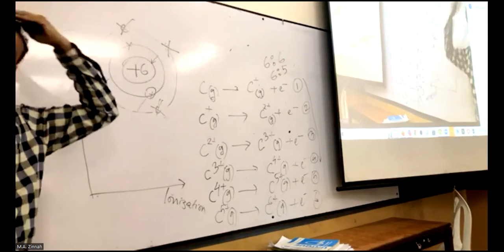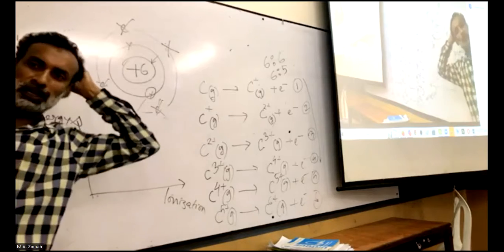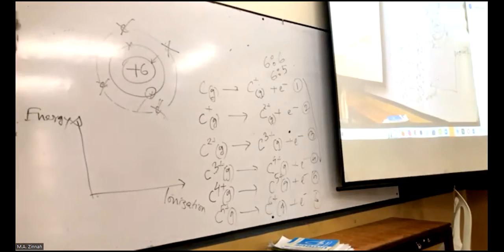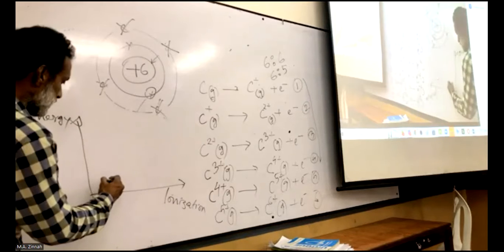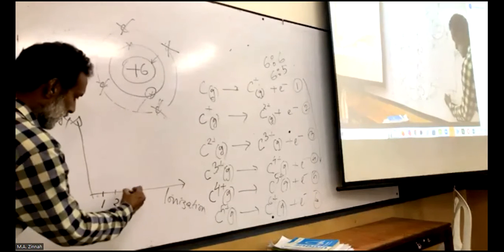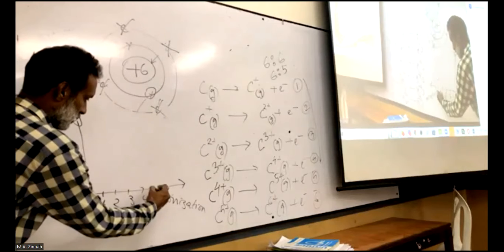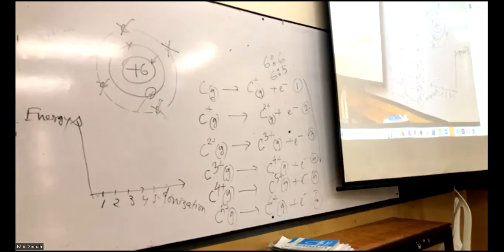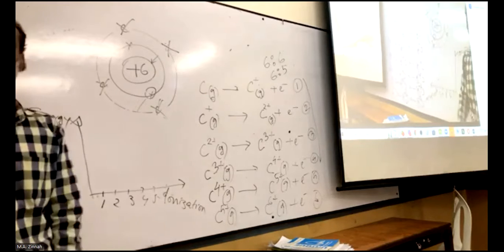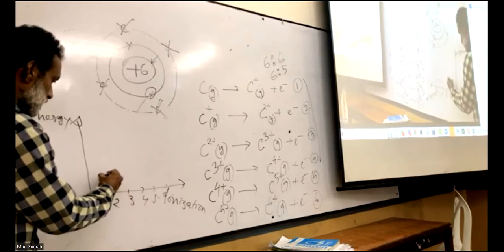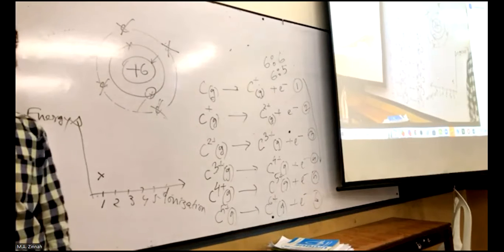To remove the first electron, which is the outermost electron, needs the lowest amount of energy, right? Suppose this is the first; first, second, third, fourth, fifth, and sixth. There are 6 ionizations. So how about the value of the first ionization? Low, right? The first time we remove an electron, it may be here, low.